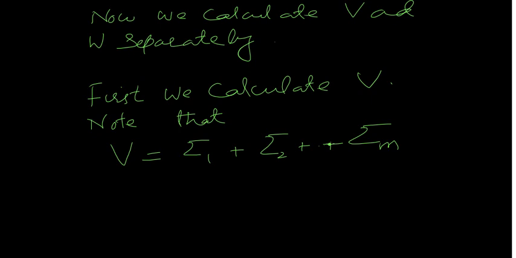This summation is the sum of the terms (M_i minus m_i) into (t_i minus t_{i-1}) for each j, where j in general runs from 1 to m.